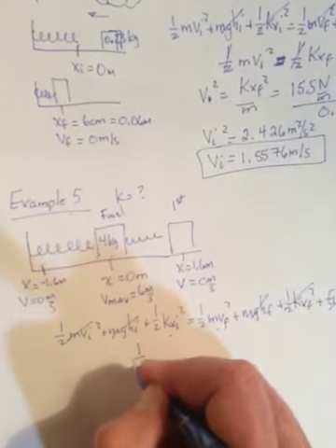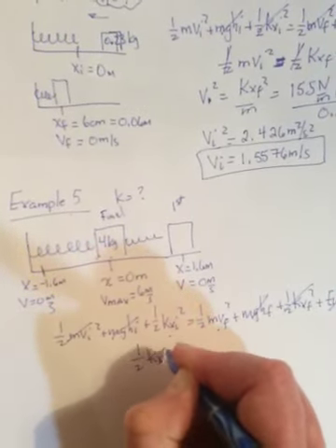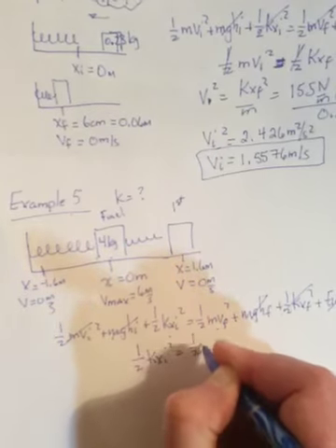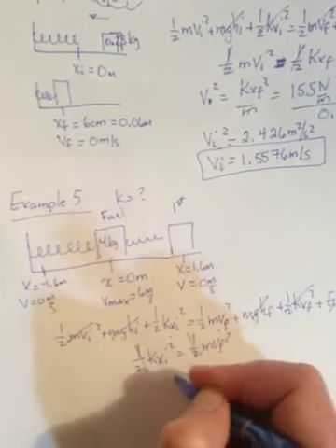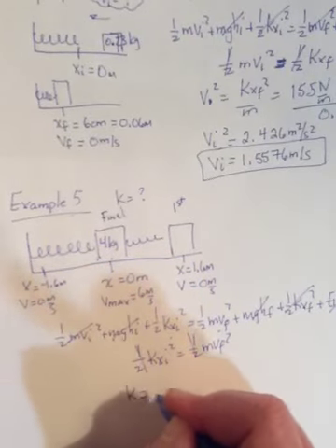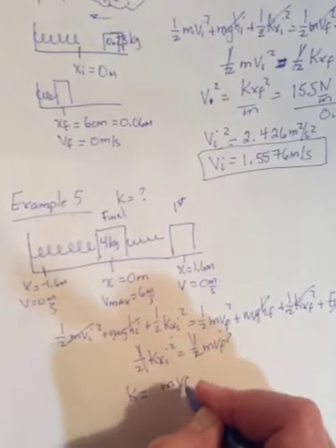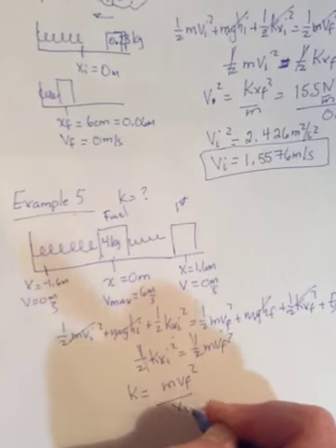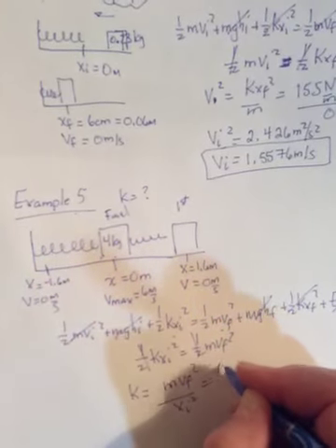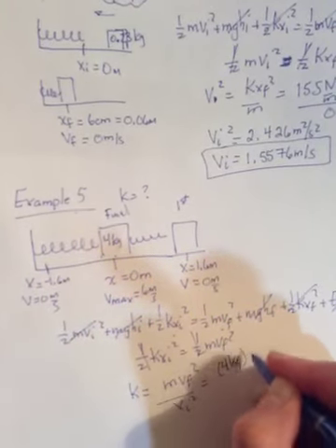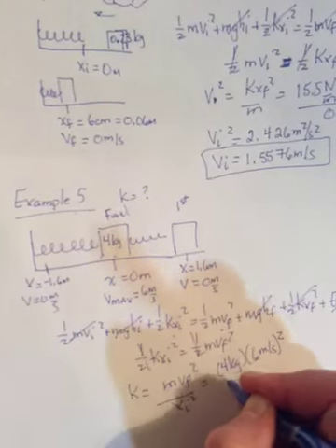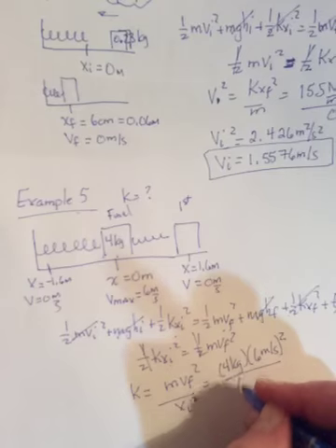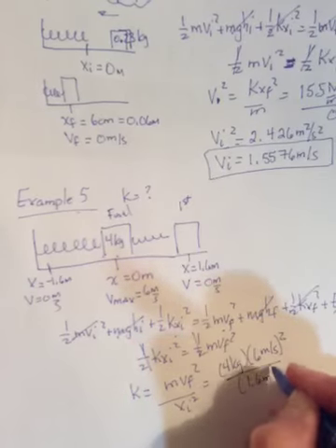So my two terms are 1/2 k x initial squared equals 1/2 m v final squared. Again, the m's will cancel. This time I'm looking for k, so divide both sides by x initial squared. So the m was 4 kilograms. The final speed, 6 meters per second squared, divided by 1.6 meters squared.